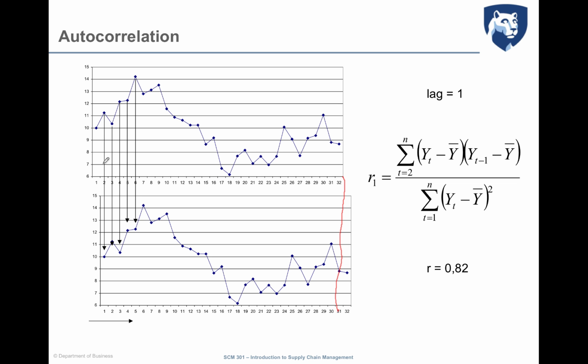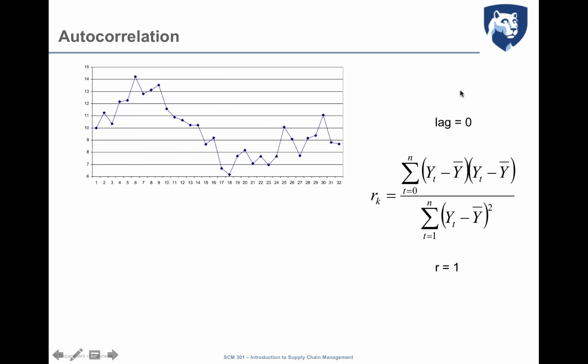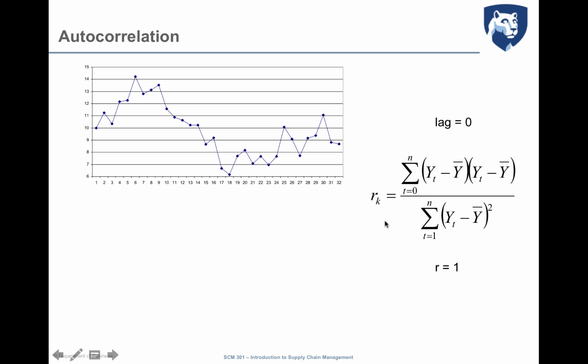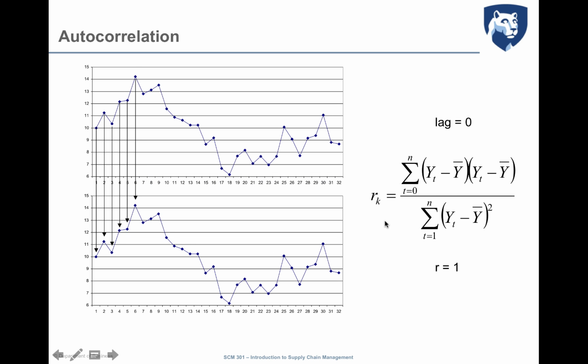And the first one. If I try to correlate the observation in the same period with the other one, I can understand if there is autocorrelation, so if the demand is correlated to itself. In this case, with lag 1, R1 is evaluated, which, I remind you, measures the correlation between successive observations.